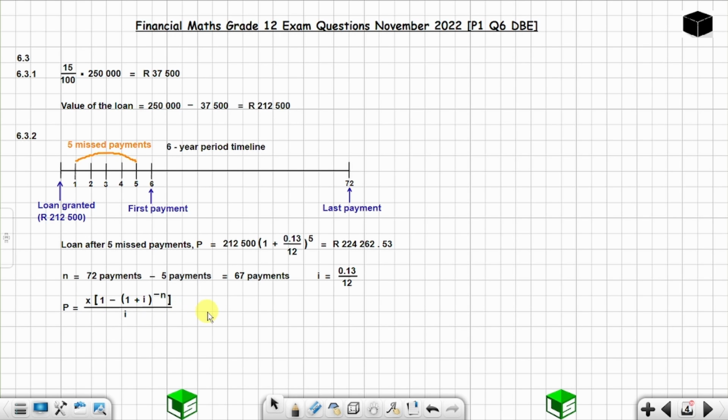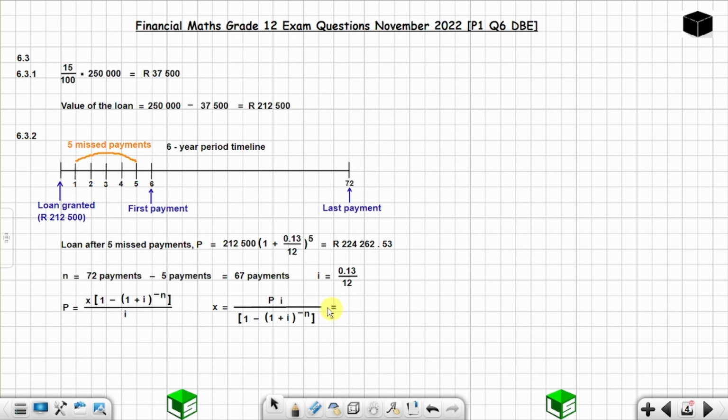So X is equal to, you take this to the top, so you have P times this, and you take this to the bottom. So you have X equal to this.